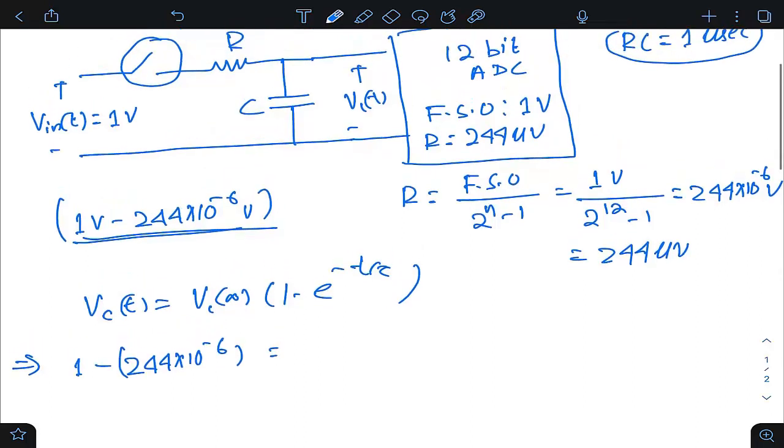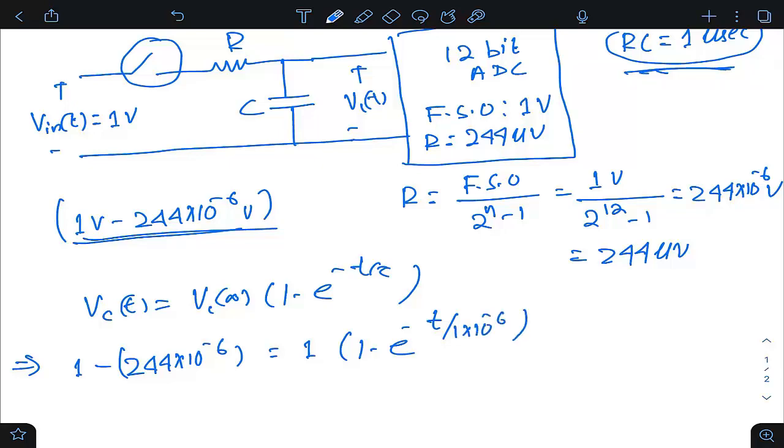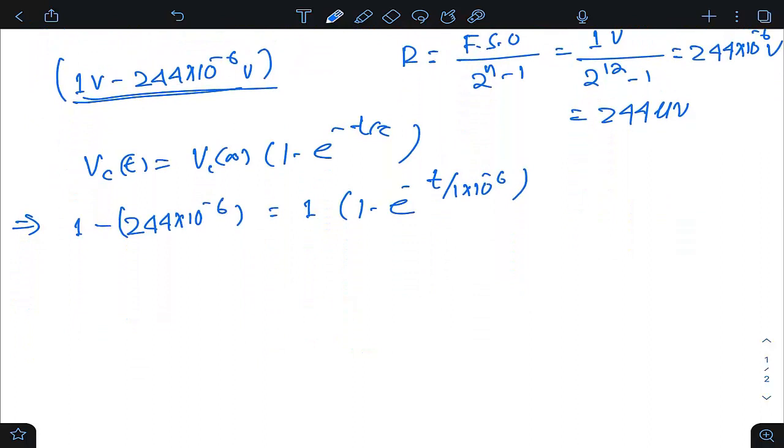VC infinite is 1 volt, because if you are connecting 1 volt here at t equals infinite, assuming the switch is closed, this will definitely be 1 volt. So this is 1 volt into 1 minus e raised to power minus t by tau, where tau is 1 microsecond. RC is nothing but the time constant. This is 1 into 10 raised to power minus 6. From this we can easily get the corresponding value of t. That is my answer.